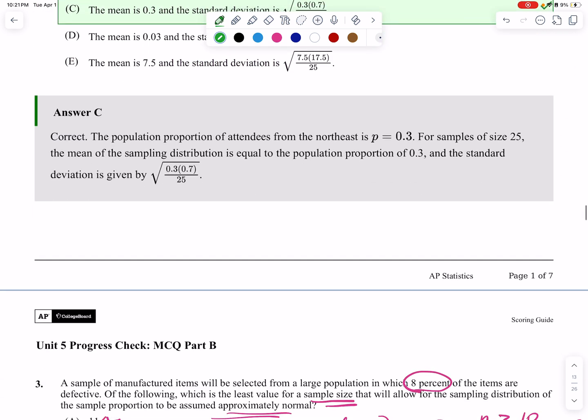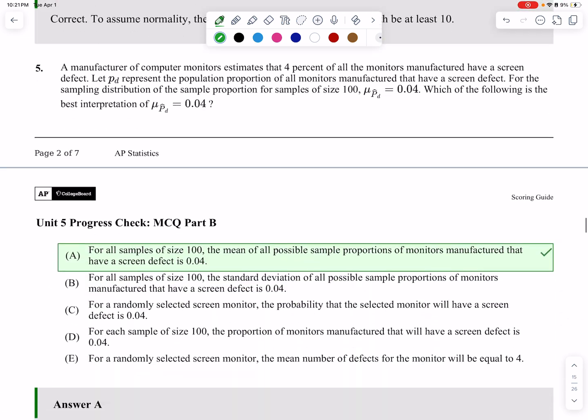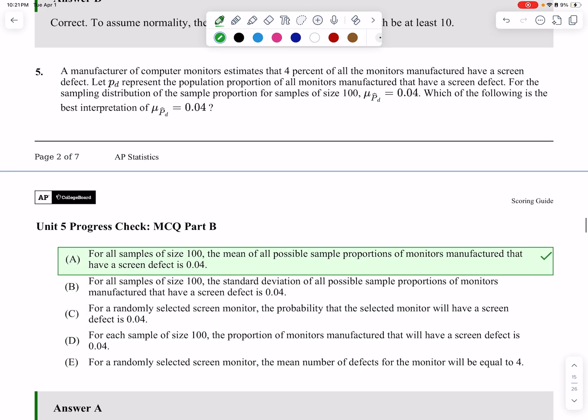Okay, so number 3 I did. So number 5. A manufacturer of computer monitors says that 4% of the monitors manufactured have a screen defect. So this is the population proportion of all manufacturers with a screen defect for the sampling distribution of the sample proportion of size 100, N is 100. Which of the following is the best interpretation for 0.04?